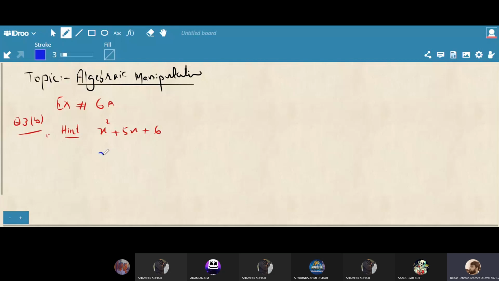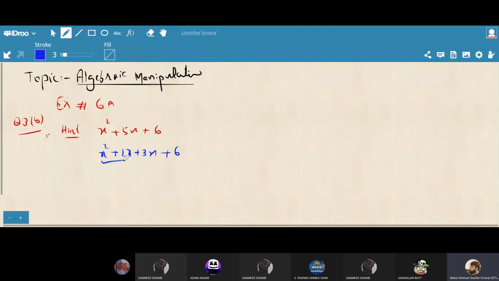So what are the two numbers? We will be adding those two numbers because there is a plus sign here. 2 and 3 make 6. So 2x plus 3x plus 6.